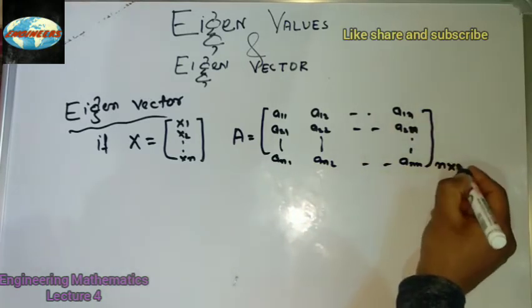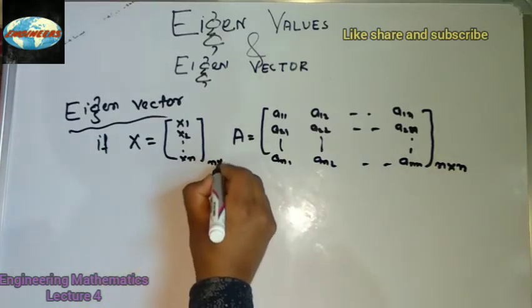This is a square matrix of order n cross n, and X has order n cross 1.